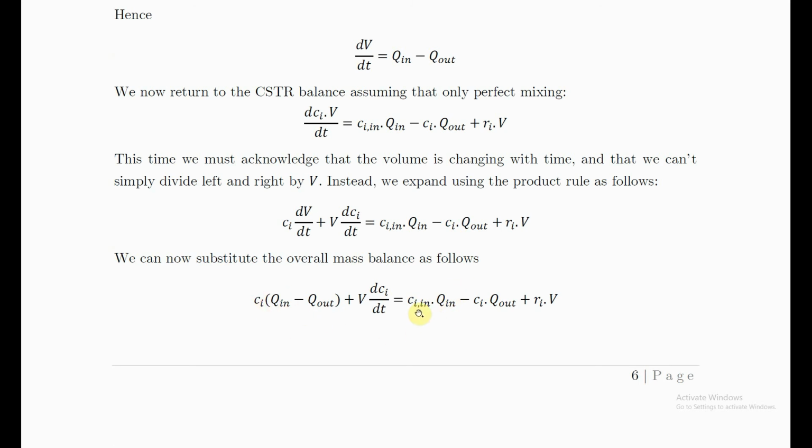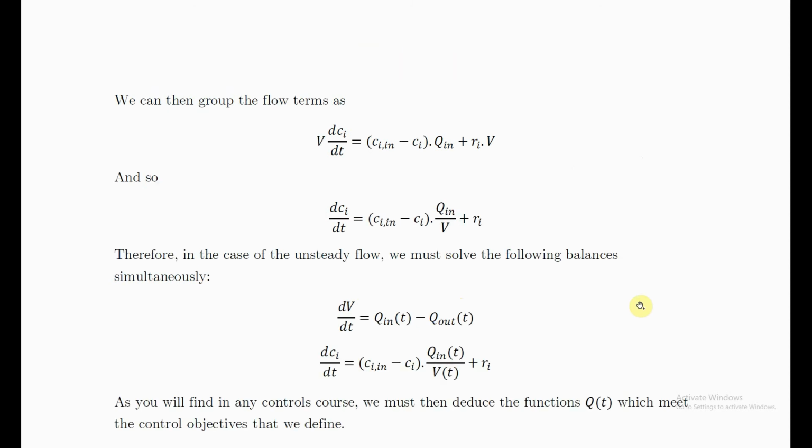And then for Q out, you've got minus Ci Q out here, and a minus Ci Q out on this side as well, so these can cancel. So this term actually vanishes. On the right-hand side, we are only left with Ci in minus Ci times Q in, and the only other term, RiV. So we no longer have a Q out term in this situation.